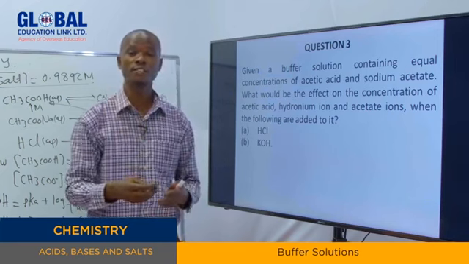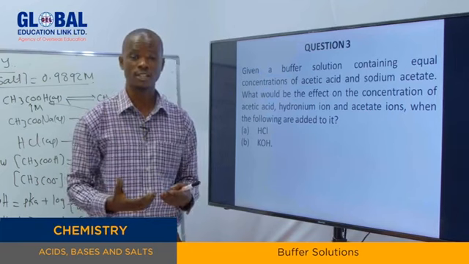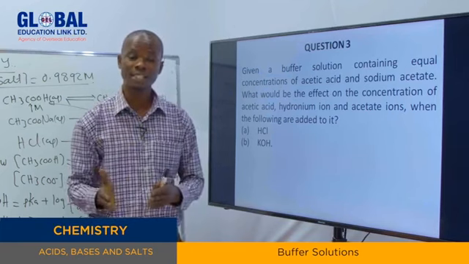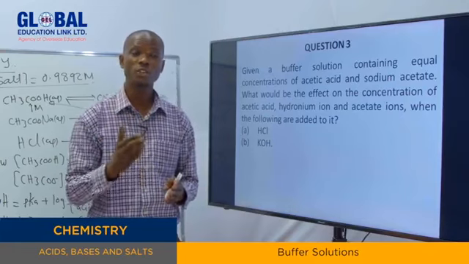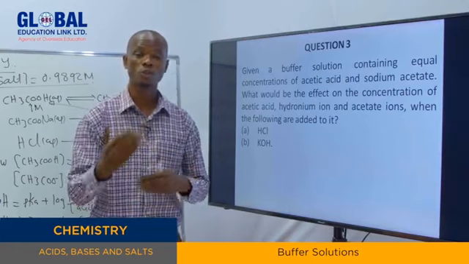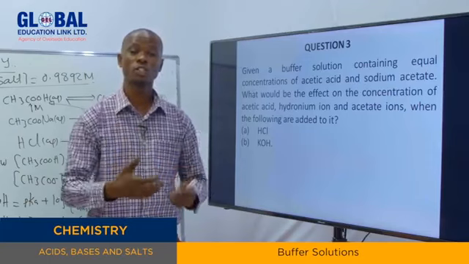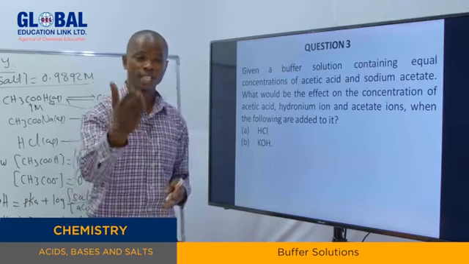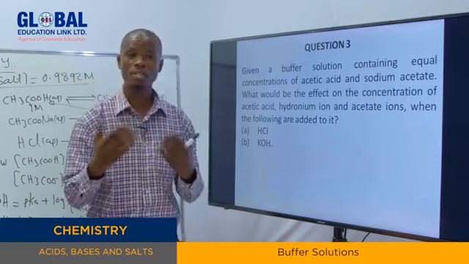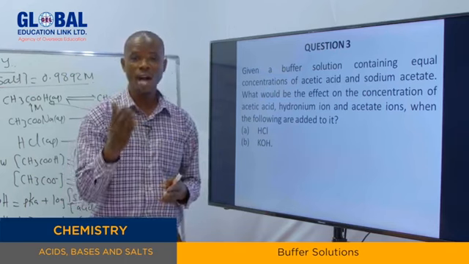It is also used in the brewery industry. For example, before fermentation, buffer solution is added in order to balance the pH, so as not to make the solution too acidic. It can be used in baby's lotion. Why?